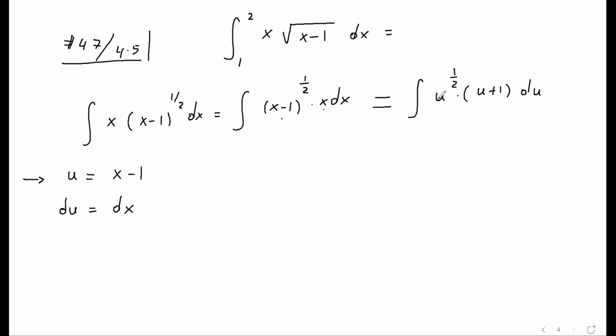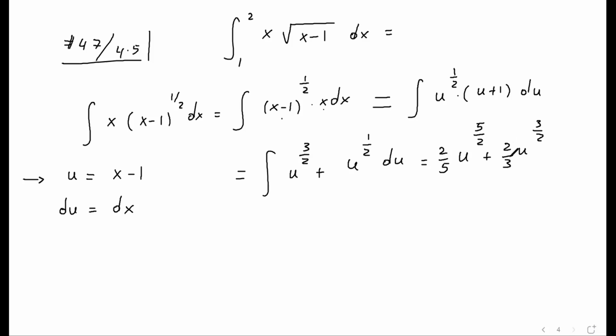Now this thing is going to be equal to, so let's do the calculation. First let's distribute. u to the 1/2 times u is u to the 3/2, plus u to the 1/2, du. And that is nothing but a simple antiderivative: u to the 5/2 times 2/5 plus u to the 3/2 times 2/3.